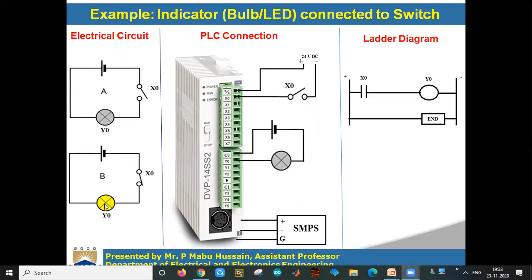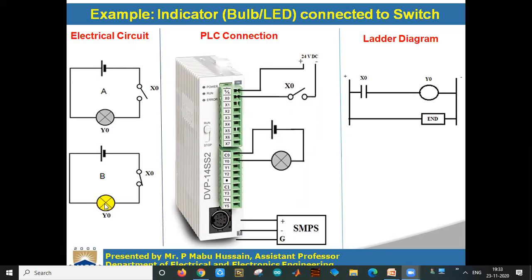Now this simple electrical circuit you want to execute with your PLC. Okay, so now whenever you are using the PLC, the first thing you have to do is find out the number of inputs and outputs in your experiment.